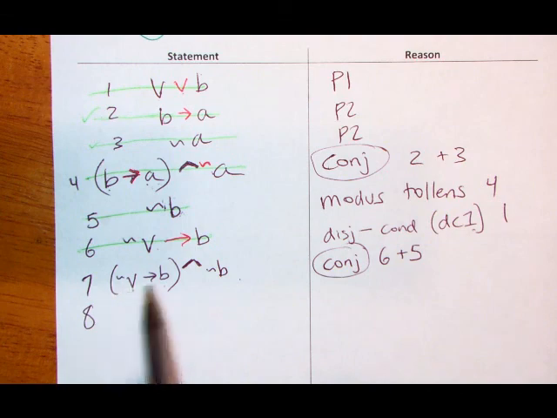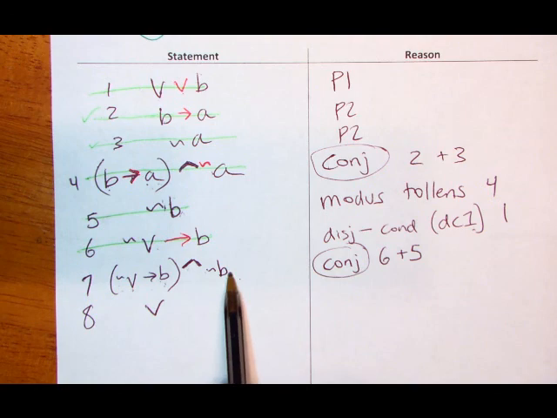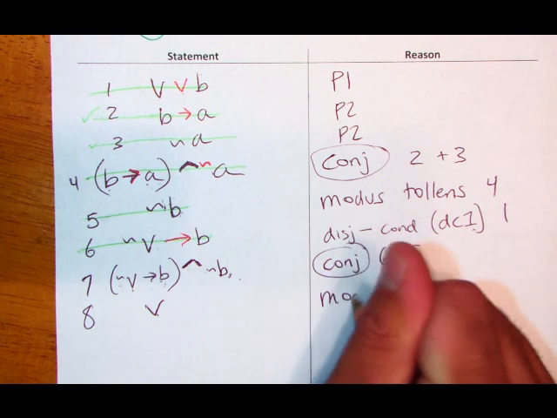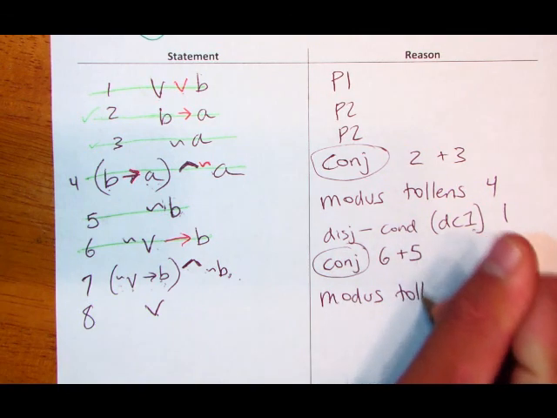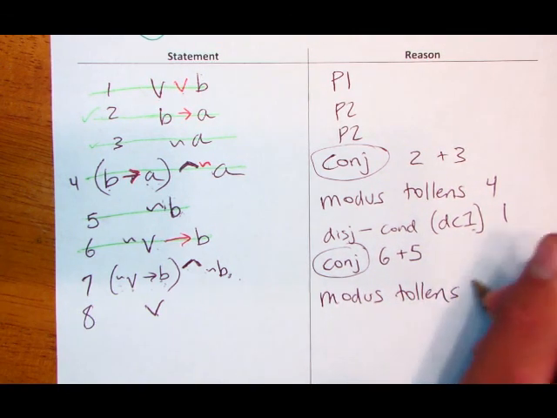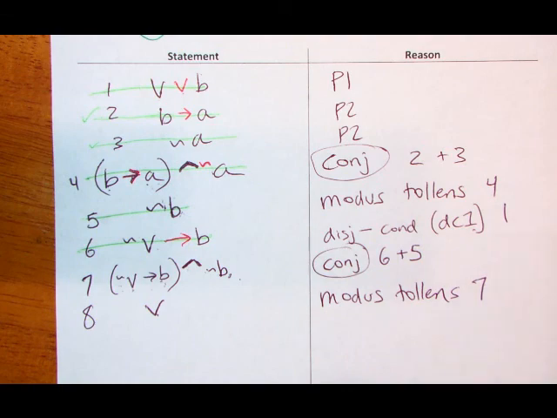So not V, then B, then not B would leave us with V. So again, if not V, then B, and negation B gives us V. And that is using modus tollens on step number 7.